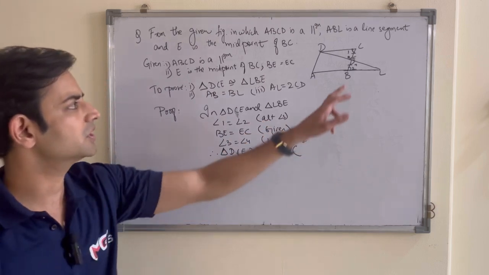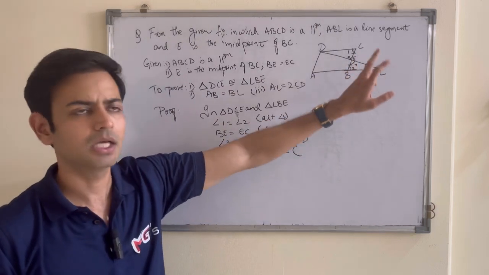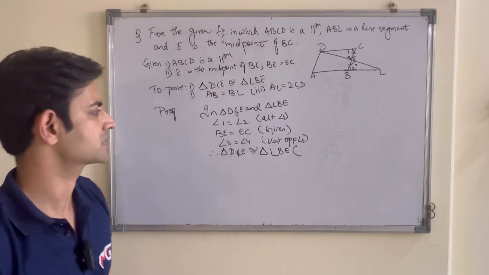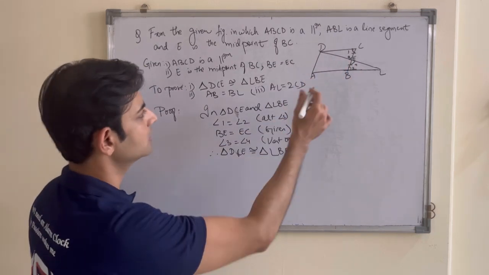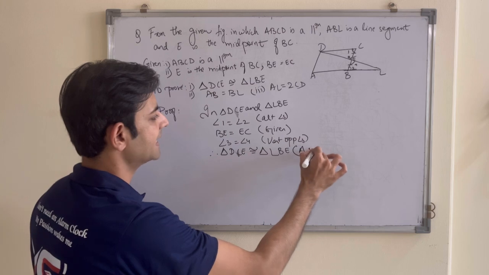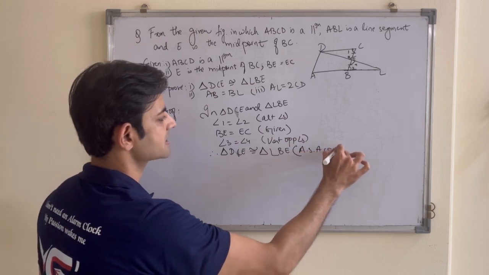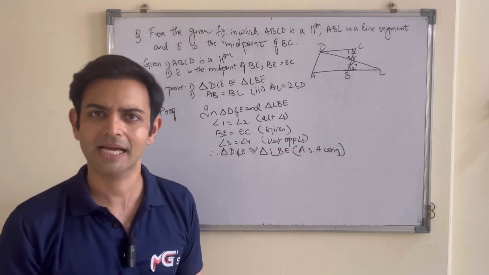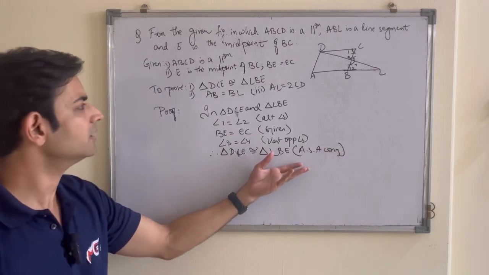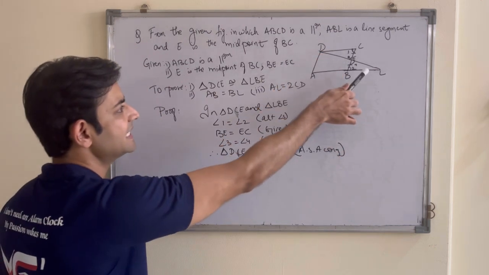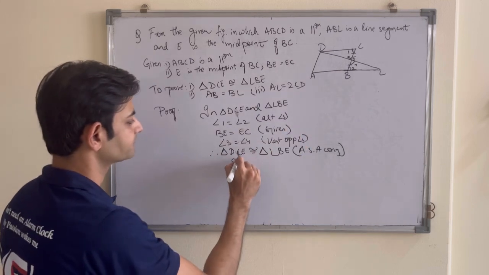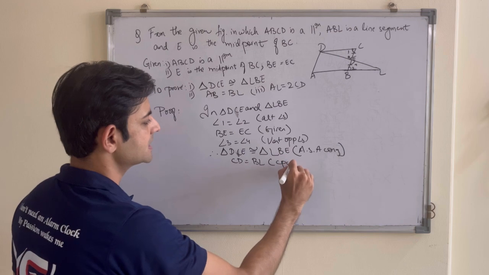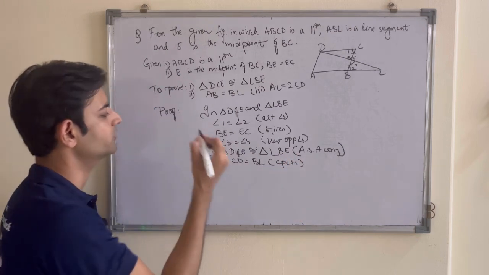Now I have used here angle, side, angle. You can also go for angle, angle, side, completely your choice. So I am using here ASA congruency. So my triangles are congruent from angle, side, angle congruency. So based on this, I can say that CD is equal to BL, CPCTC. So my first part is proved here.